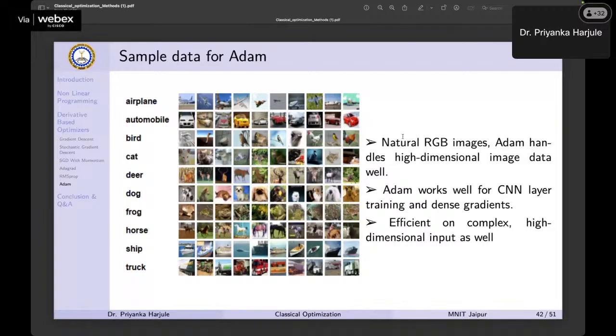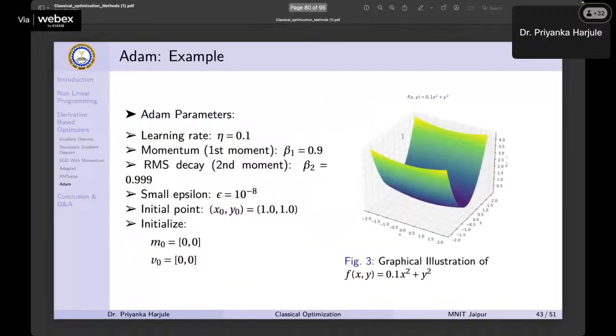In those cases you want to have high computation power because you are processing an image data set, which itself is very computationally heavy. You don't want the training process to also be very slow and computationally heavy. That's where Adam performs very efficiently, on complex and high-dimensional input as well.